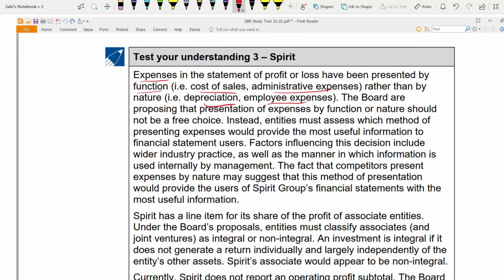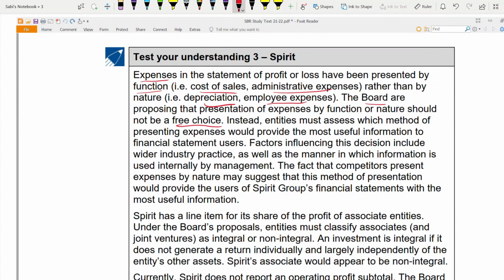Then you need to understand what the exposure draft says. The exposure draft says, or both say, that presentation of expenses, whether by function or nature, should not be a free choice. Yes, there is a choice, this or that, but it's not a free choice. There are limitations when you are choosing whether nature or function. How?